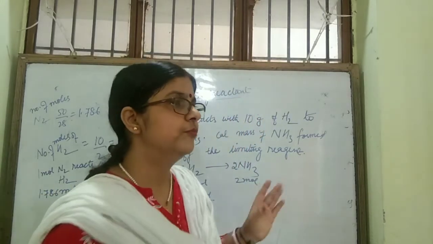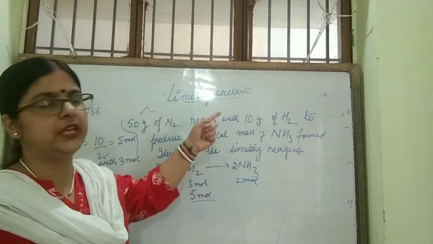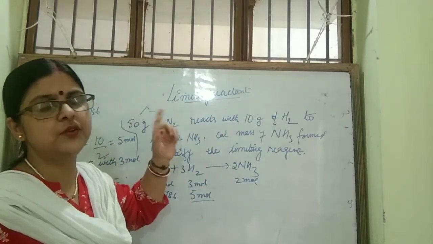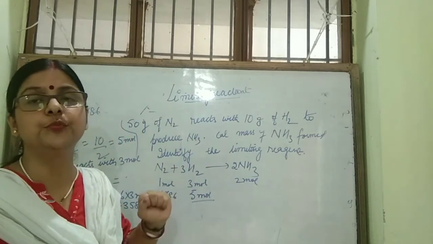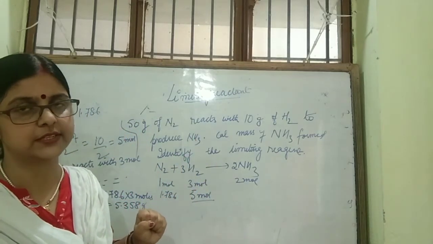So after learning stoichiometry, we learn the limiting reactant. The reactant which is completely consumed in the reaction is the limiting reactant.